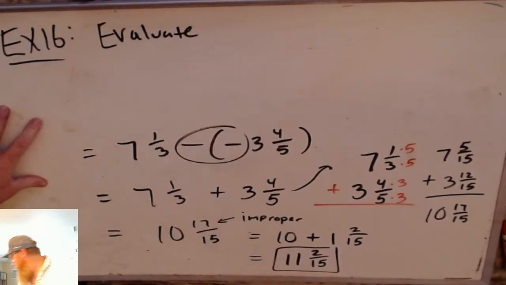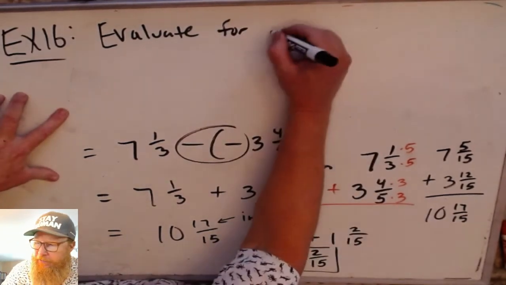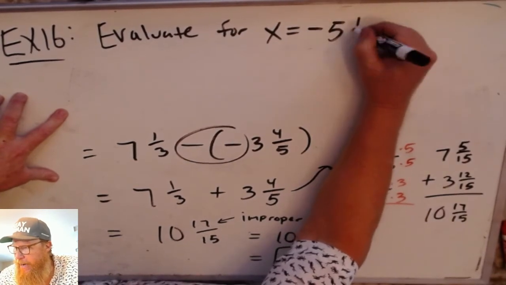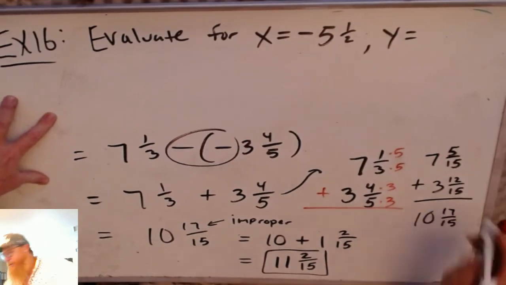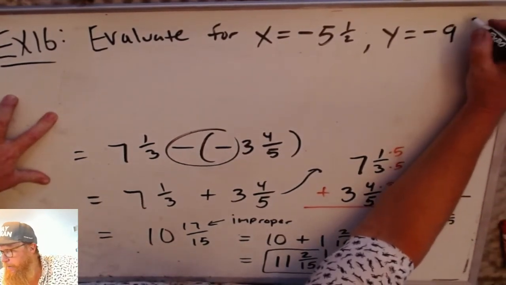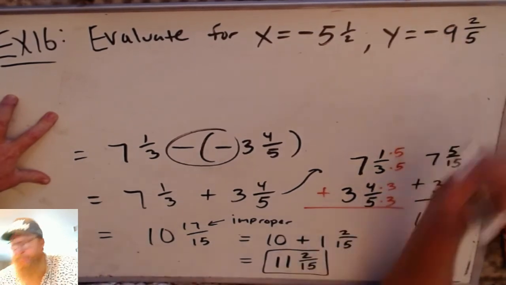All right, let's try another one with some negative numbers. So evaluate for x equals negative 5.5 and y equals negative 9 2/5.